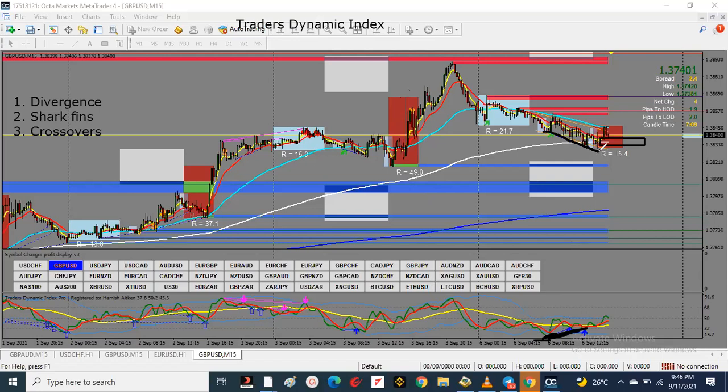You can see that market is going down here, but TDI is going up. So this could mean that market will be going up. That is, we should be anticipating an uptrend.